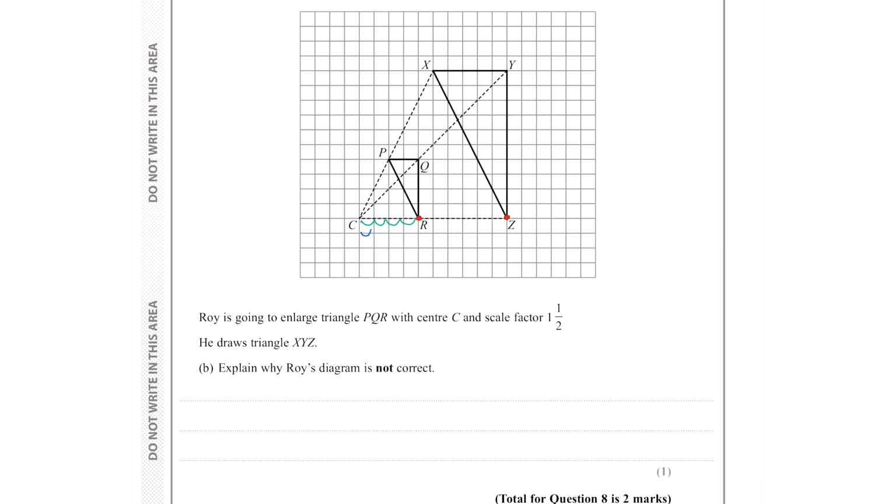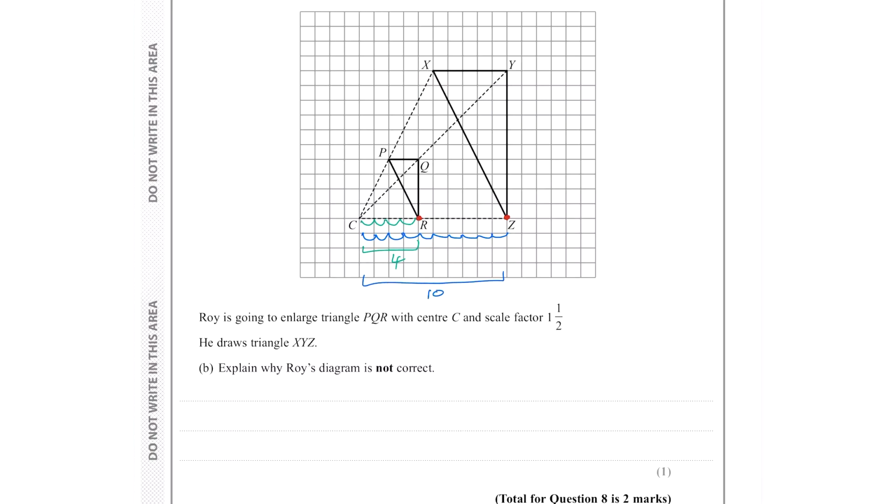It's gone from 1, 2, 3, 4, 5, 6, 7, 8, 9, 10. So actually, he's gone across, I'll use the same color again, so we have 4 from here to here, and then from here to here, it's 10.